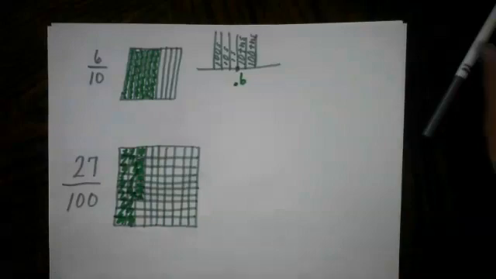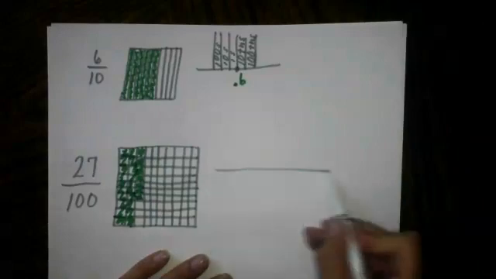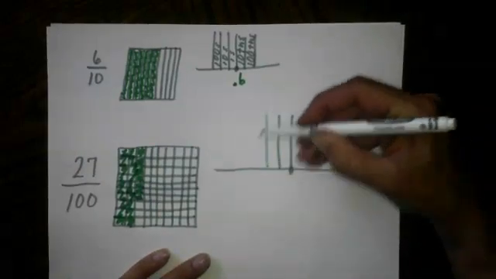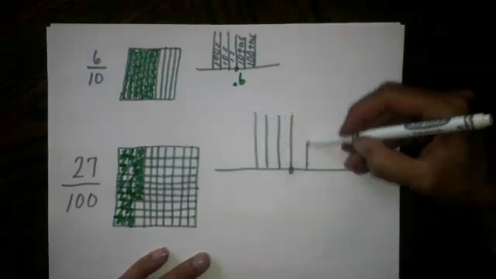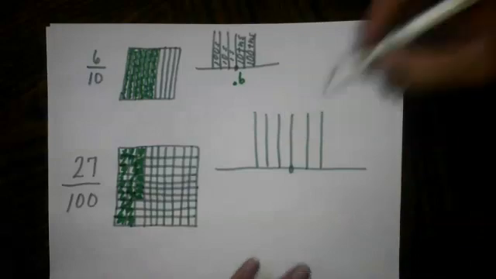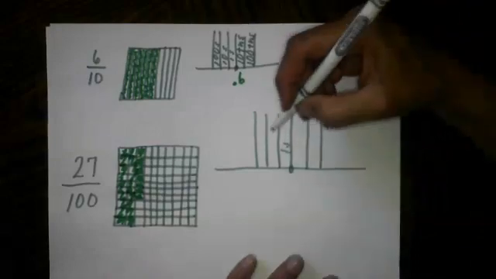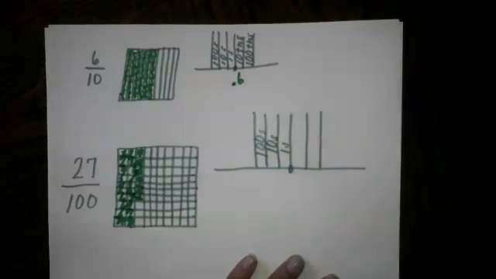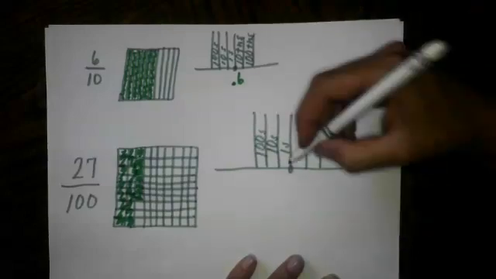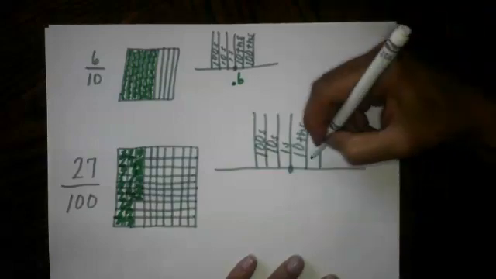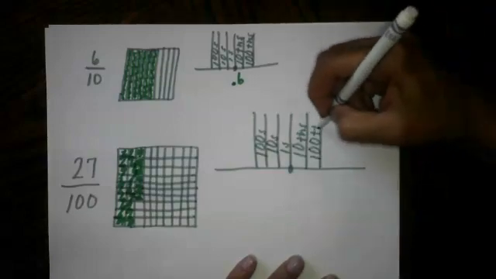Okay? If I were to make the place value chart again, I like to put the ones, tens, and hundreds there just as a reference point because we work so much with those. So there's our ones, tens, and hundreds. Here's our tenths and our hundredths.